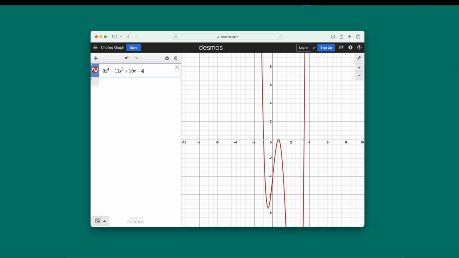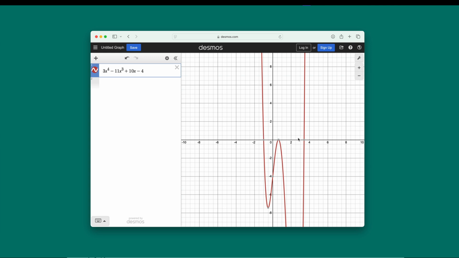And here it's kind of misleading, as you notice when we did this algebraically, we had 4 zeros: negative 1, 2/3, 2 plus root 2, and 2 minus root 2.